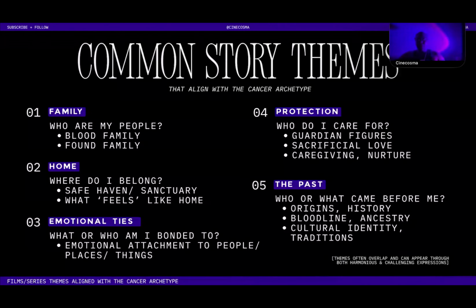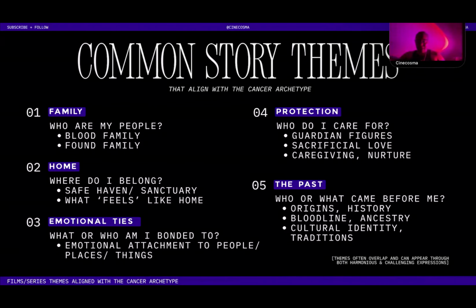But family is a common story theme that you'll see a lot when you're watching a TV show or a movie. Essentially, the theme here is, who is this character's family? Typically, it will surround the protagonist, and it's usually the protagonist who's trying to figure out, who are my people? Is it my blood family or is it my found family?